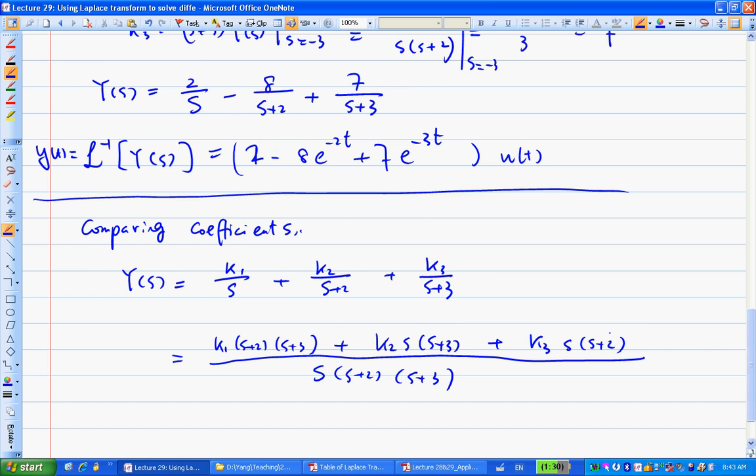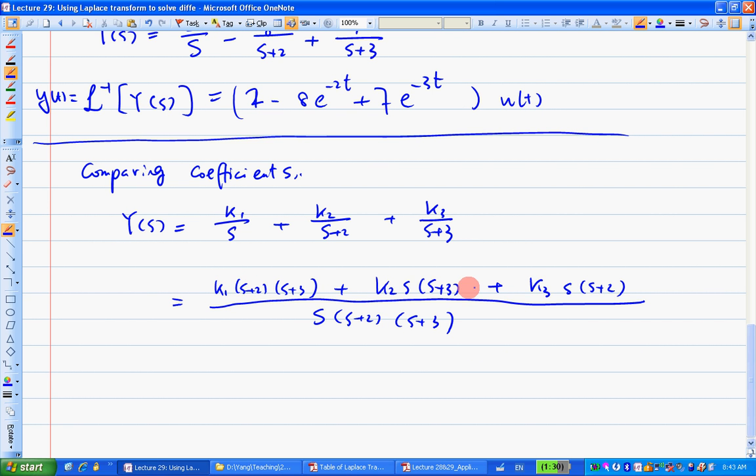So now let's simplify this numerator a little bit. Let's see what we have. For the top one, we got k1 s squared. What I'm going to do is group all the similar terms.